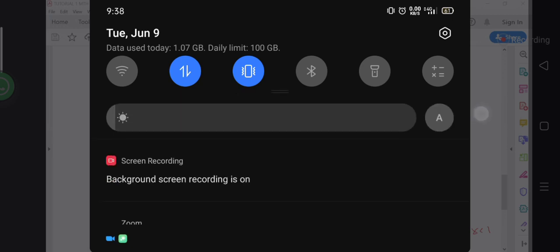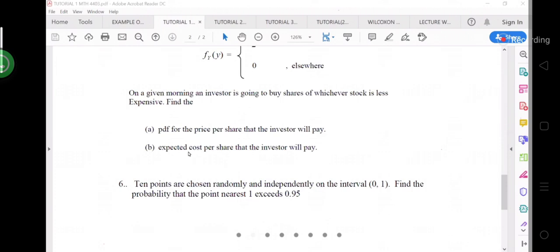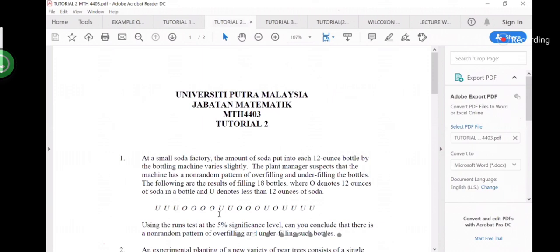Okay, next, we move on to tutorial 2. I think not much problem, right? Can you conclude there is a non-random pattern of overfitting and underfilling such bottles?